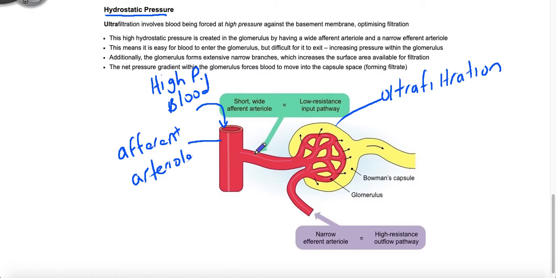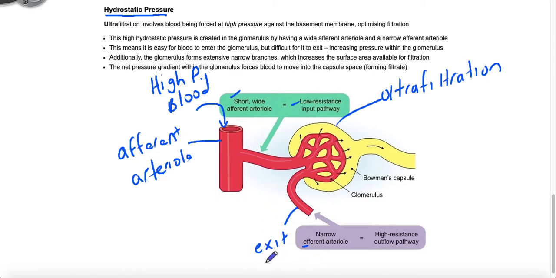Now, the reason why the blood is coming in at a high hydrostatic pressure is because of two reasons. One, this afferent arteriole is short and wide. So that means that there's low resistance to come in. So low resistance input pathway. And then the efferent arteriole, which is the arteriole where blood exits, right?